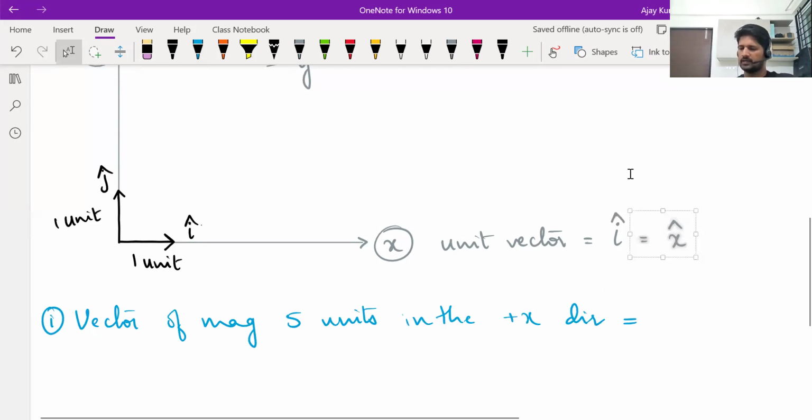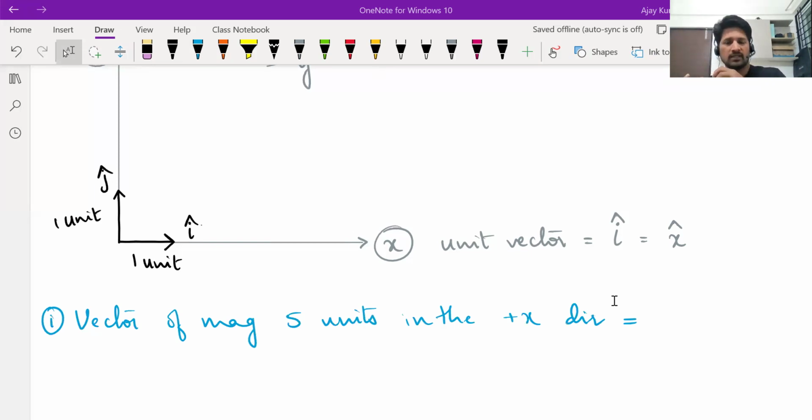Now how will you indicate a vector of magnitude 5 units in that direction? So 5 i cap. Correct. Once you know unit vector in a particular direction, whichever magnitude you want in that direction, you multiply it with that magnitude. Now we want magnitude 5 units in that direction. So it becomes 5 times i cap. Good. Correct.